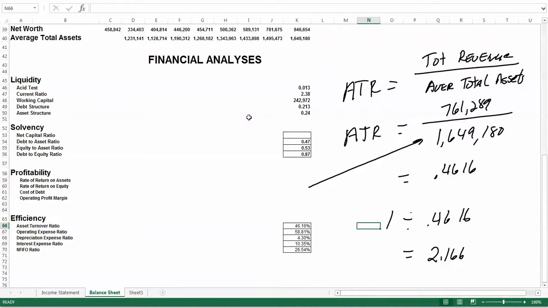So the asset turnover ratio sometimes can give you a hint as to whether a farmer or rancher is using rented land or owned land. Now, that's not to imply that one's better than the other. It's just saying the asset turnover ratio can provide you clues about a farm or ranch's total assets and the total revenue that they're generating.